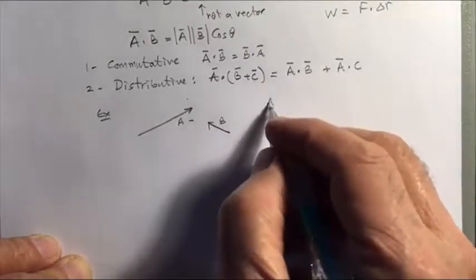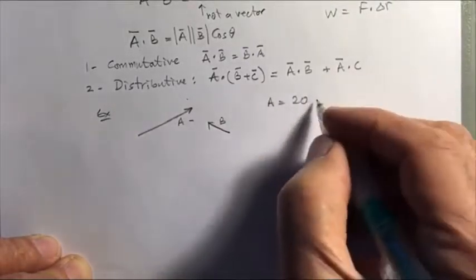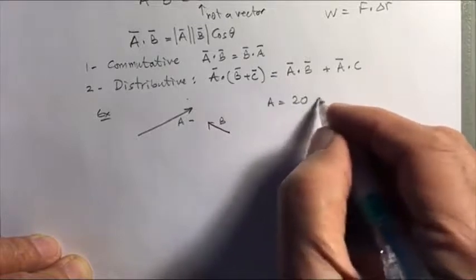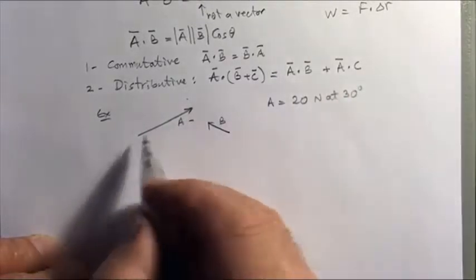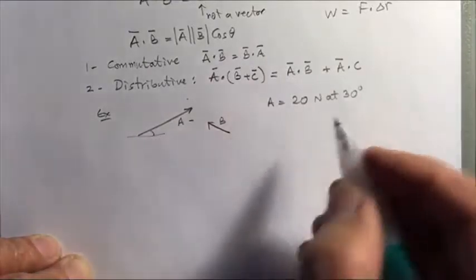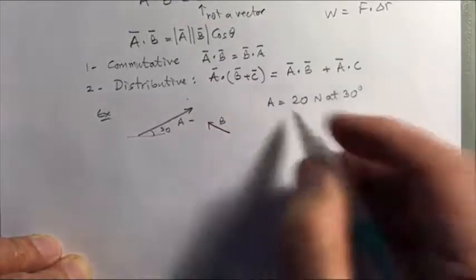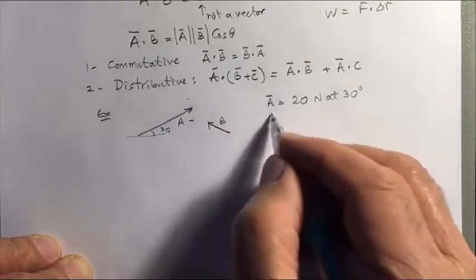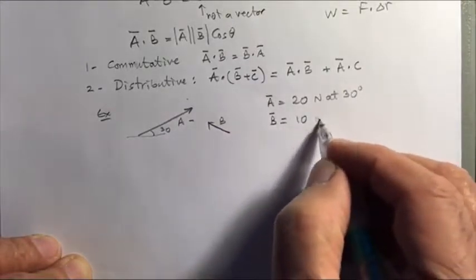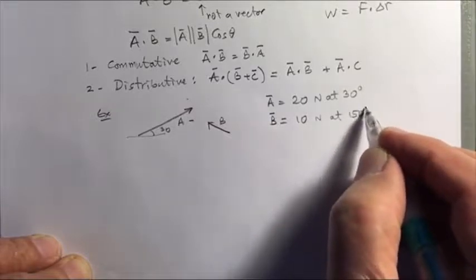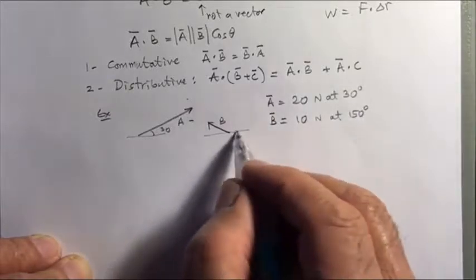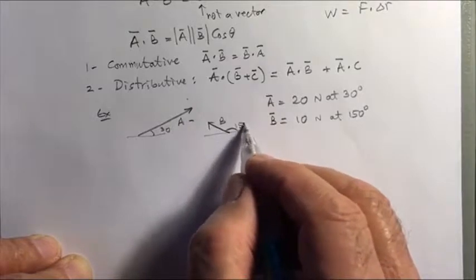So the vector A is 20 units, whatever the magnitude is, let's say newtons, at 30 degrees. So this angle is 30 degrees. And the vector B is 10 units, let's again say newtons, at 150 degrees. So this angle is 150 degrees.